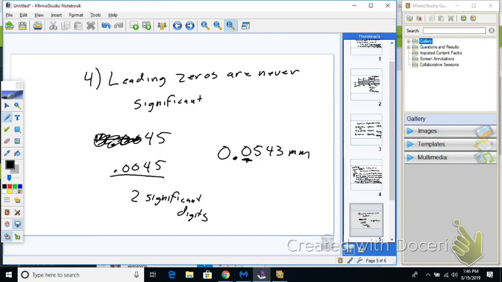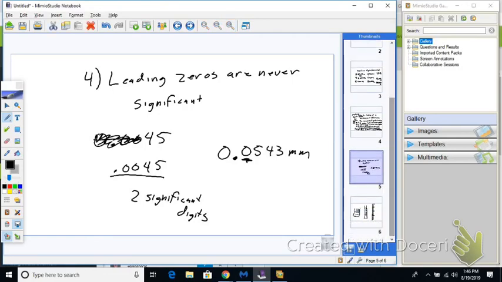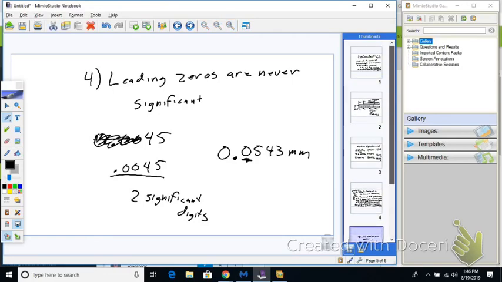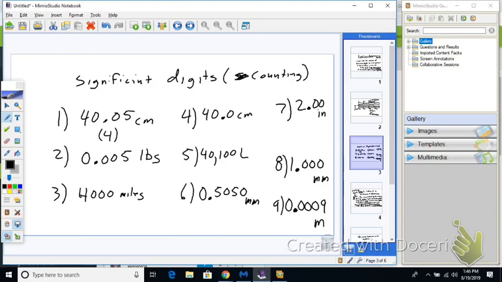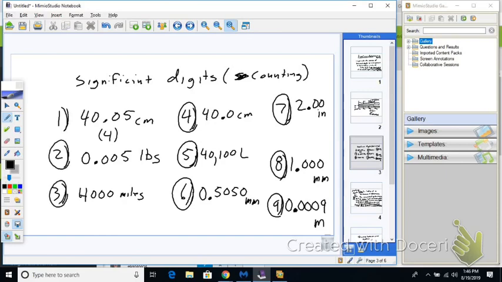All right? So here's your assignment that I need you to do. You need to write down these 9 examples. I'm circling the numbers so that it doesn't get mixed up with the actual measurement that's written out.